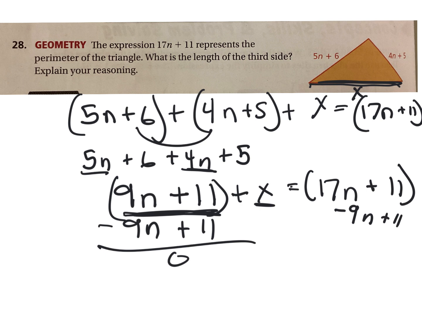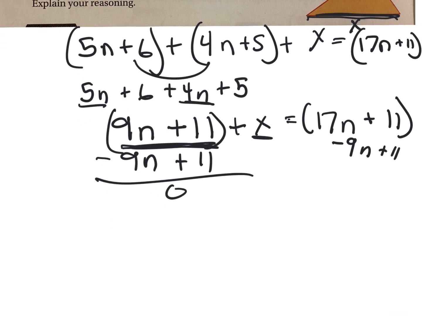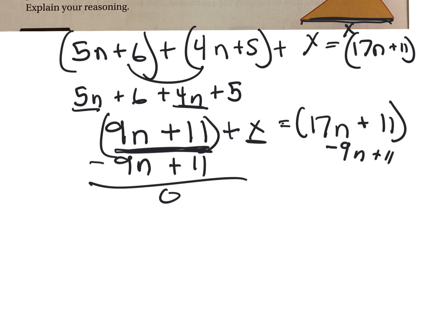Okay. And when I do that, I'm going to move all this up here a little bit. So 17n plus 11 minus 9n plus 11.